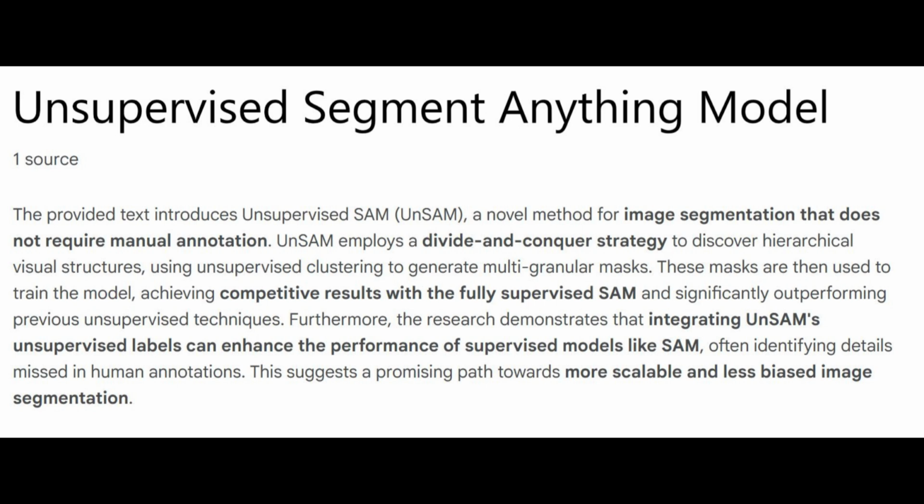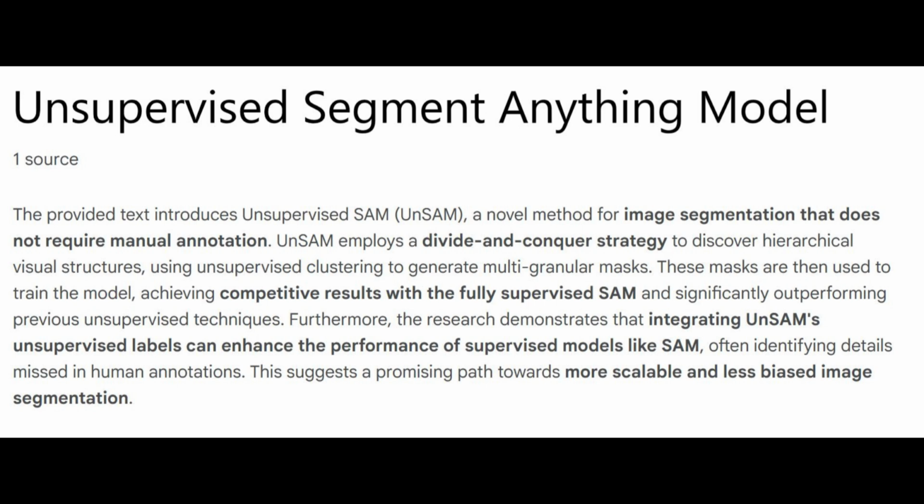It really is a remarkable development, and it makes you wonder what else this technology could be capable of. We've talked about its potential in fields like medicine and robotics, but where else could this lead? What happens when AI can understand the world visually without relying on us to feed it labeled data? That's a fascinating question. It feels like we're opening up a whole new chapter in the relationship between humans and AI.